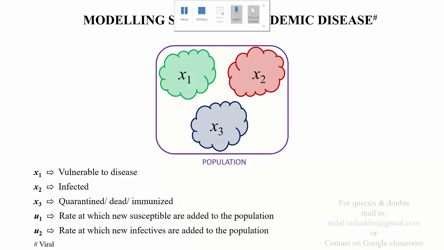But as soon as a part of the population is affected by the disease and catches infection, a subset X2 is formed, which represents the people who are infected.